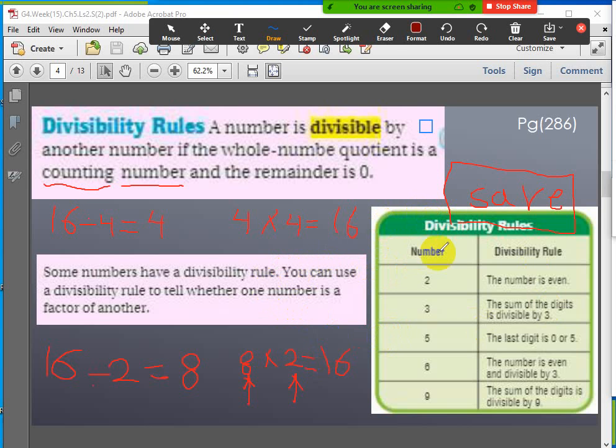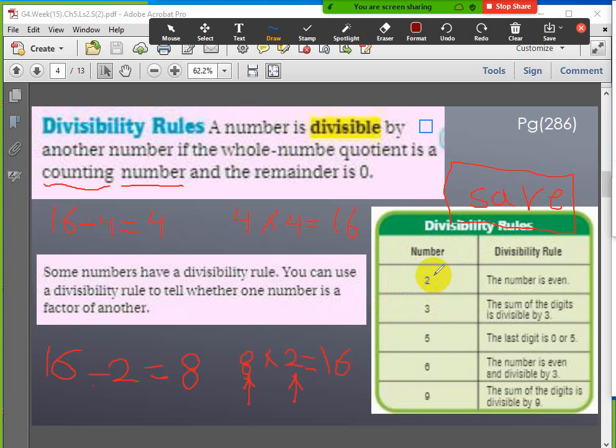But I want you to focus with me because this is the most important thing in this lesson. What are the divisibility rules? Now, if I want to know if this number can be divided by 2 without any remainder, that means it is divisible by 2.